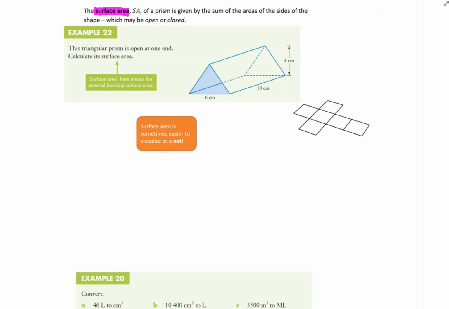So many questions might direct you to think about the net of the solid, and the net is when we open the solid out flat. So surface area is sometimes easier to visualise as a net. This net doesn't match this solid here.